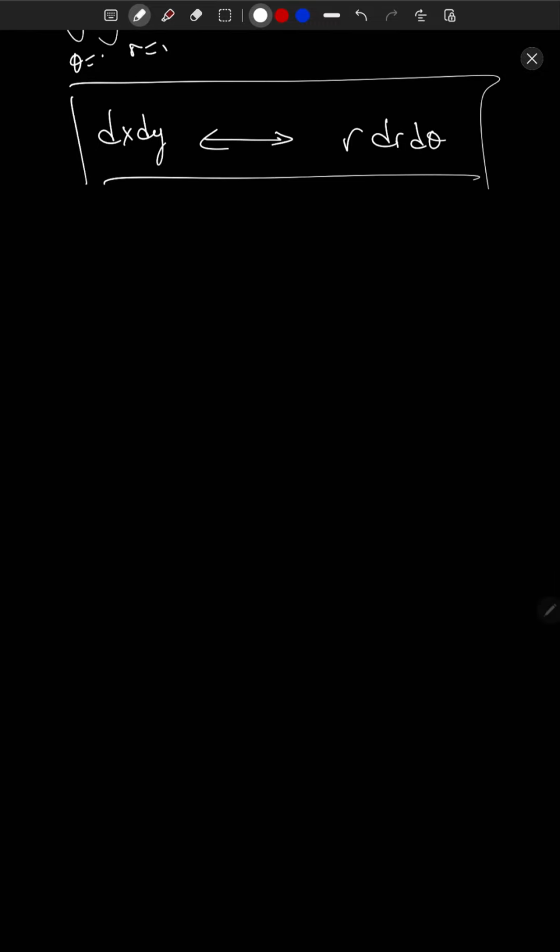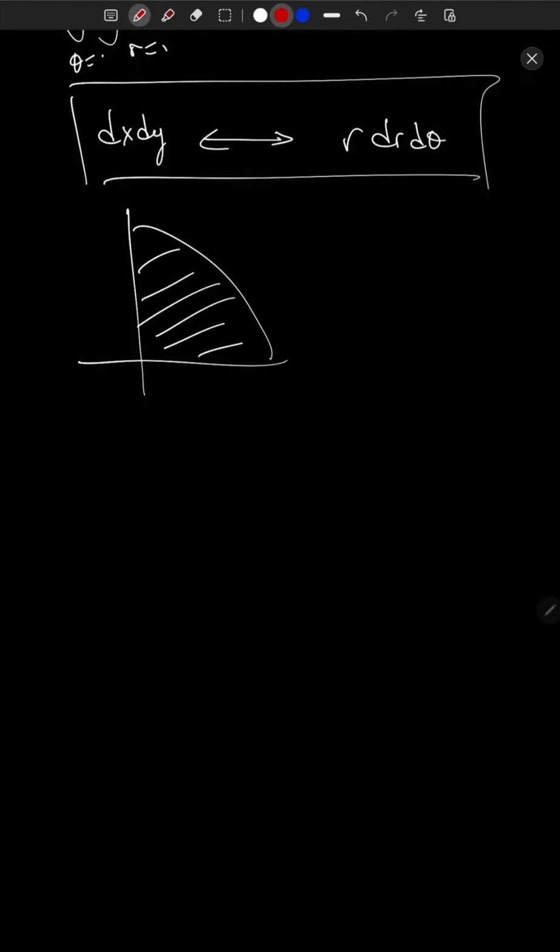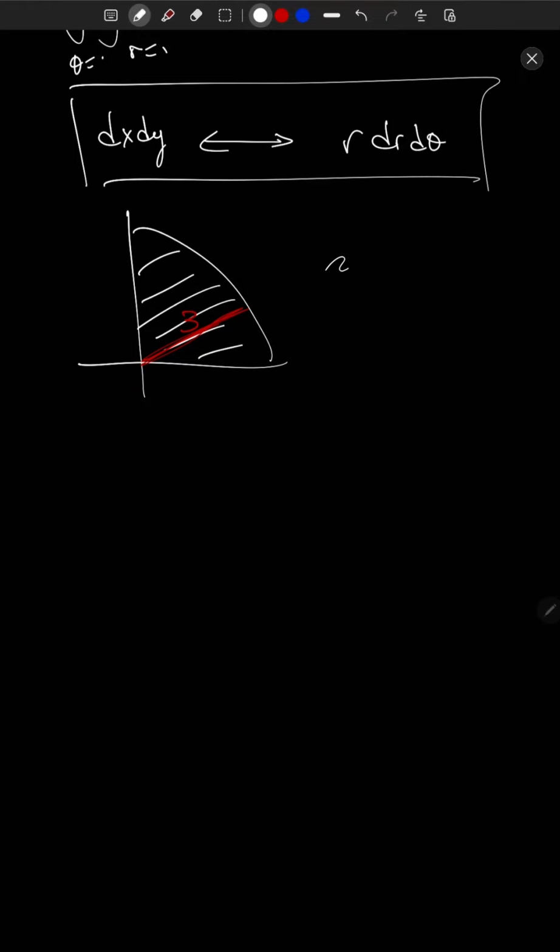Let's do an example. Let's say we want to integrate over this region, this quarter circle. Let's say the radius here is 3. And let me stick in a function so that we can do a conversion of that as well. Let's do a simple function, x squared y.